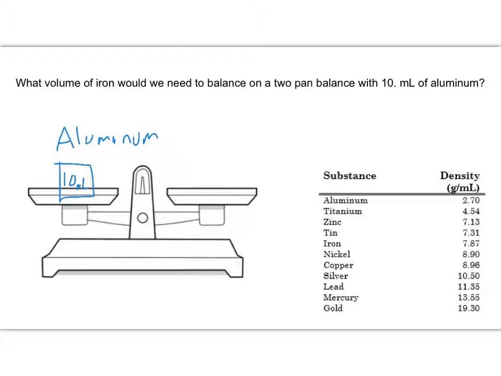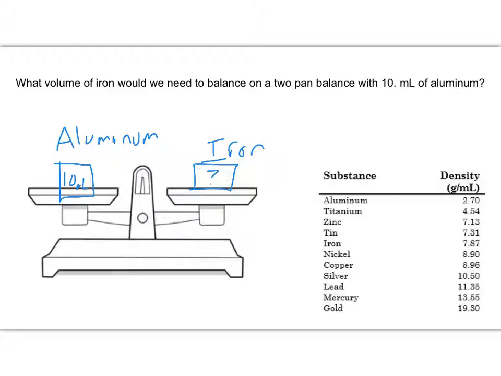Okay, so now we need to decide if it's going to balance with iron, how many milliliters is that going to take? Okay, so we know in order for them to balance that they have to have the same mass.